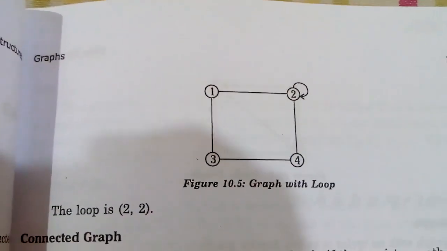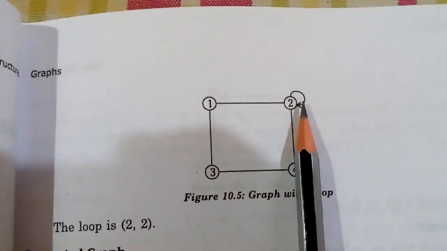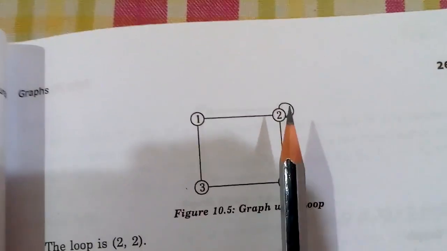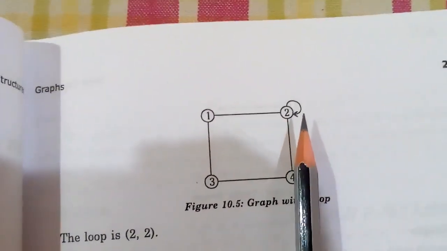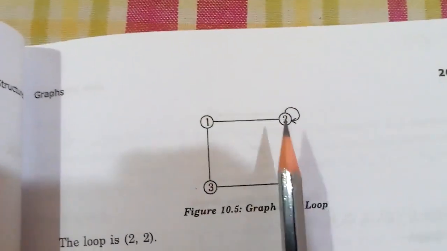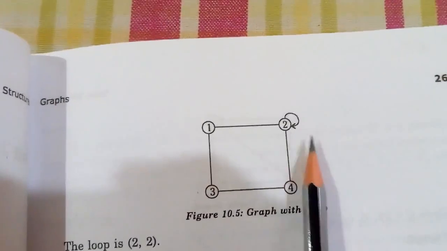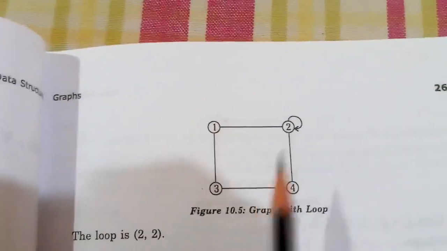Next, loop. It is an edge which starts and ends on the same vertex, which means the edge originates and ends in the same vertex.